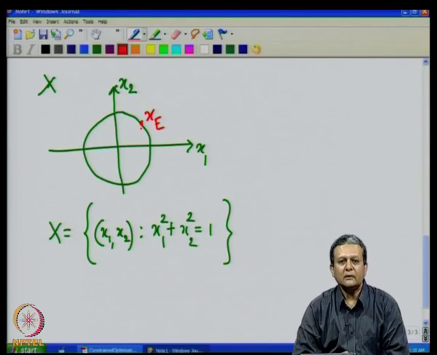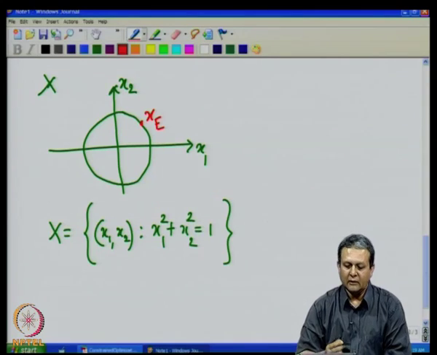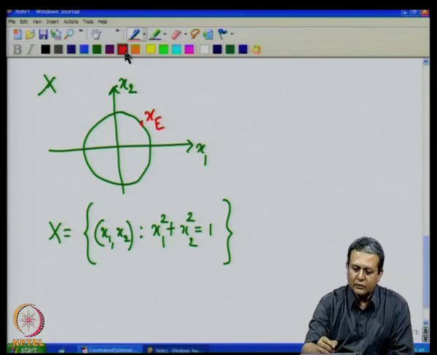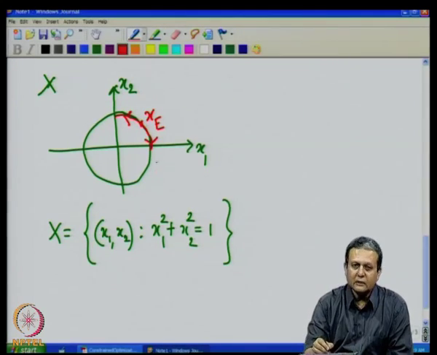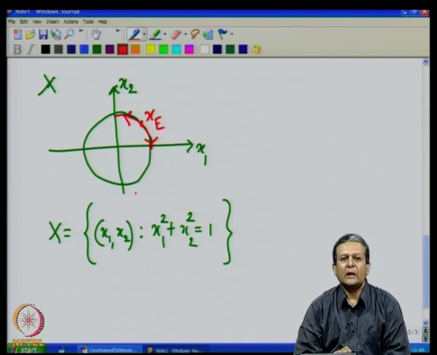we cannot find a straight line direction which is feasible from the point x e, but what we can get are what are called curvilinear directions. If we move along these curves we can retain feasibility, but these are not straight line directions.